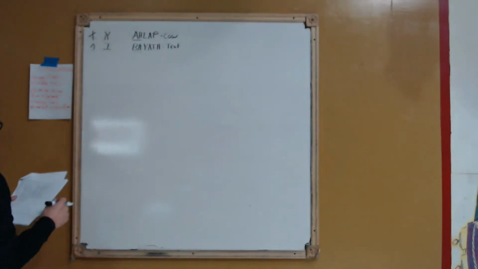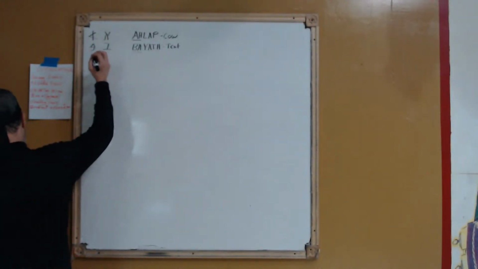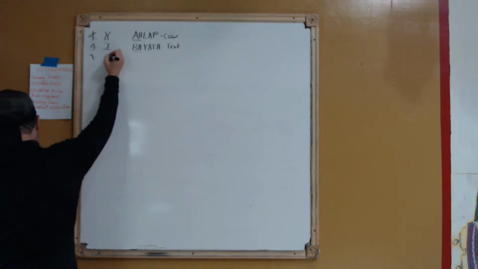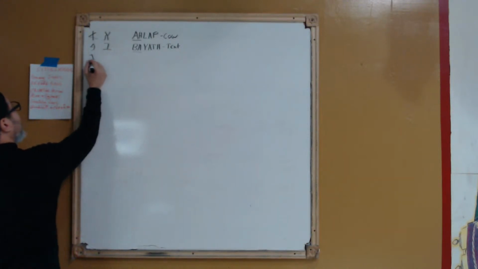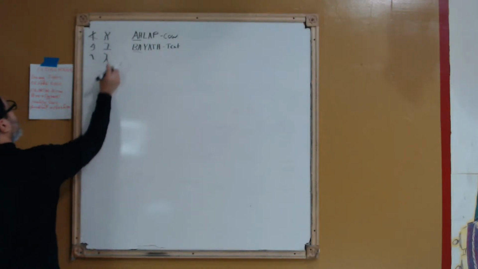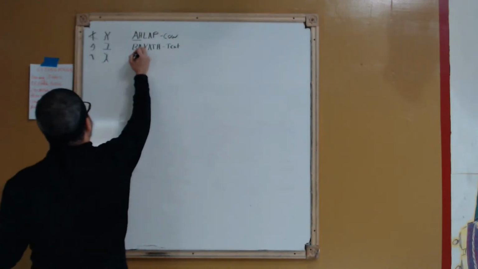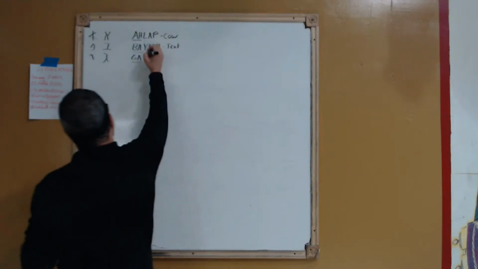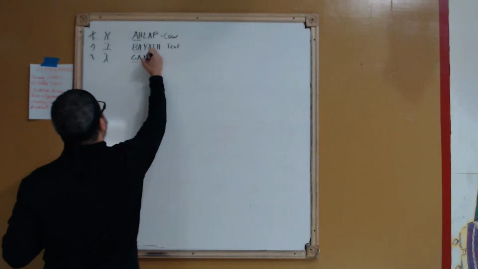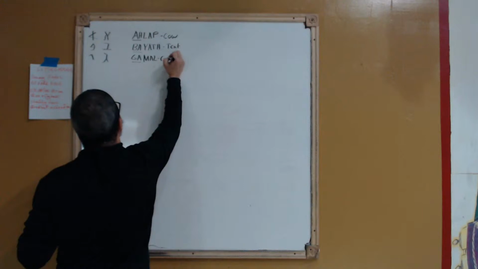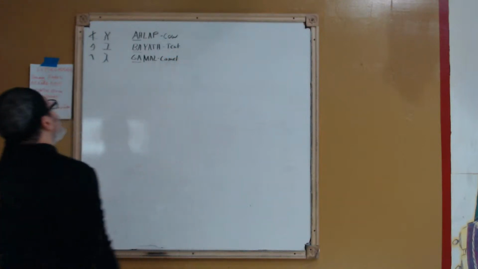The next we have is the ga, which is the camel. So you see how it has the camel neck. And this is the ga. And it stood for Gamal. It's short for Gamal, camel.